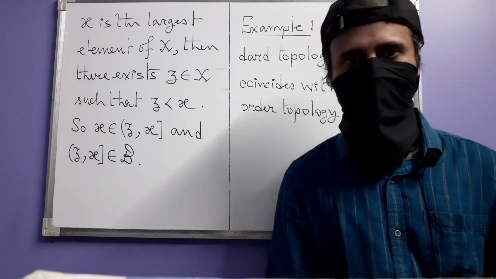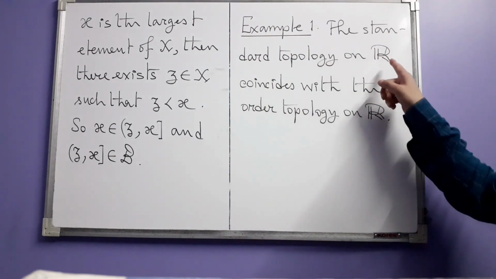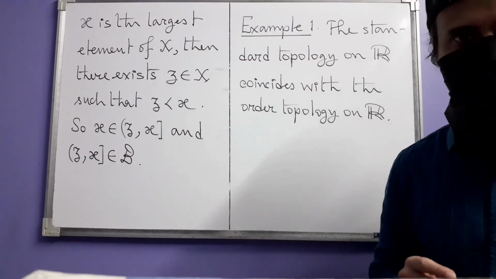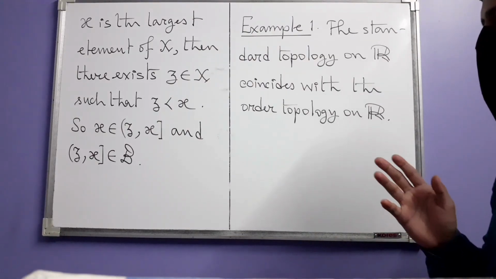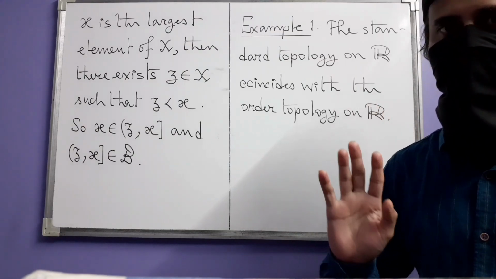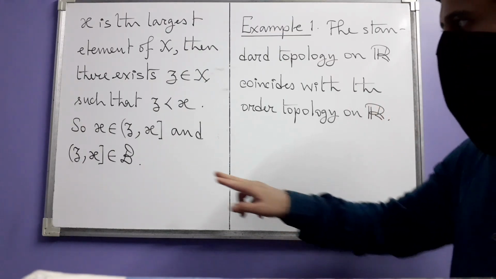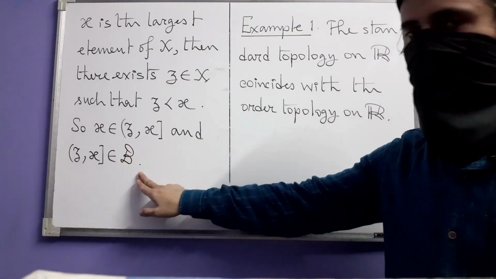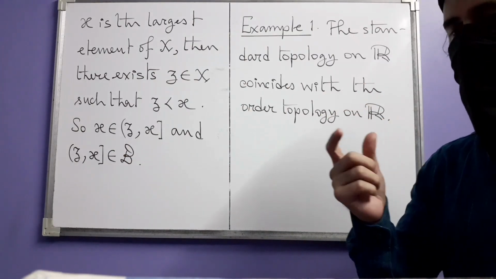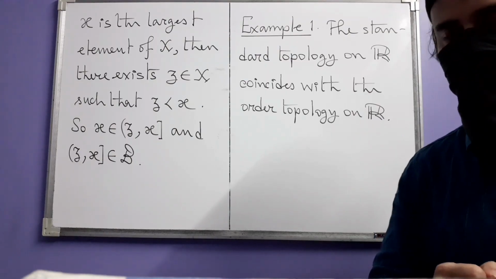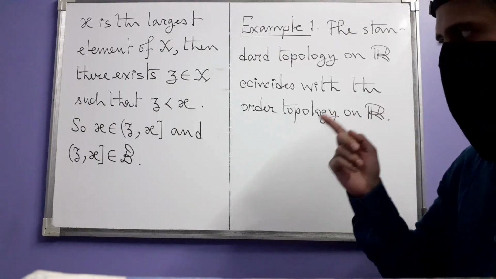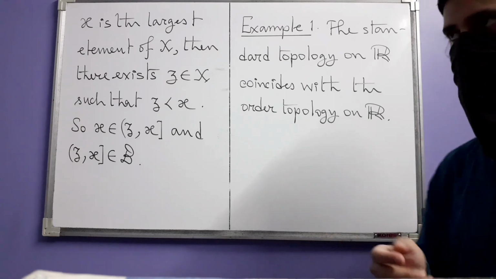Example 1 is about the ordered set of real numbers, where we have the usual order relation on the set of real numbers. Now we know that as an ordered set, R has neither a smallest element nor a largest element. That is why if you think of the collection of all such intervals in this ordered set, then you have only open intervals, and that collection of open intervals generates the order topology because it's the basis.